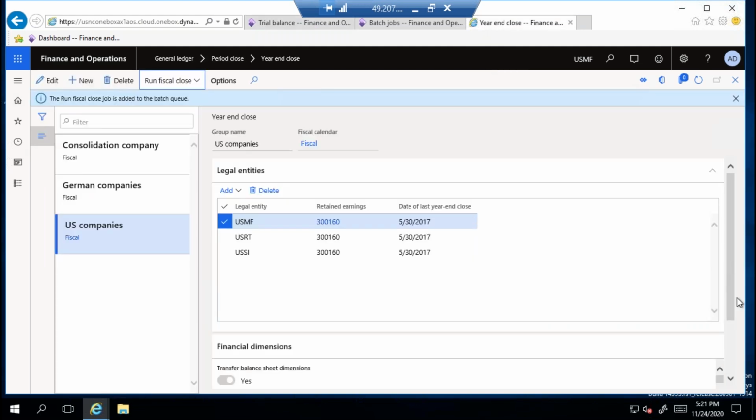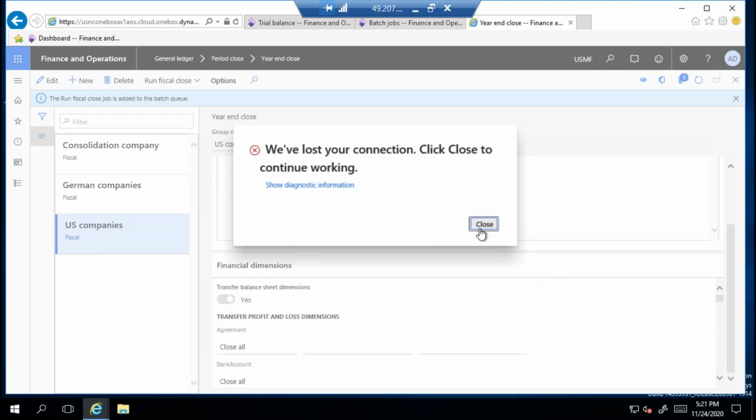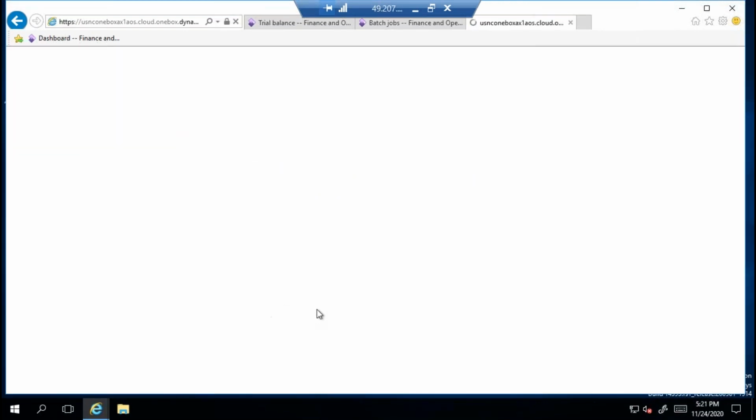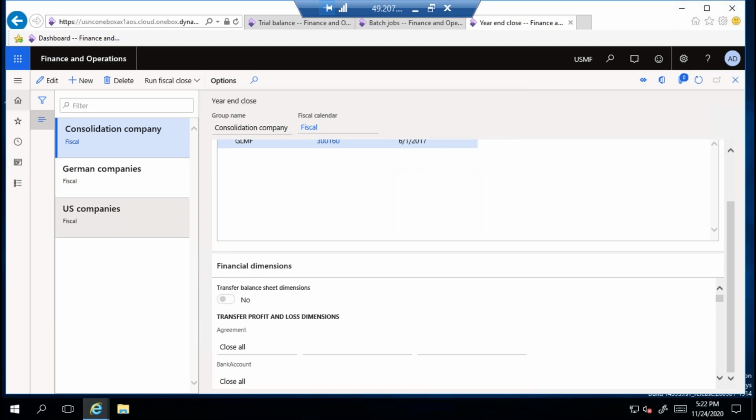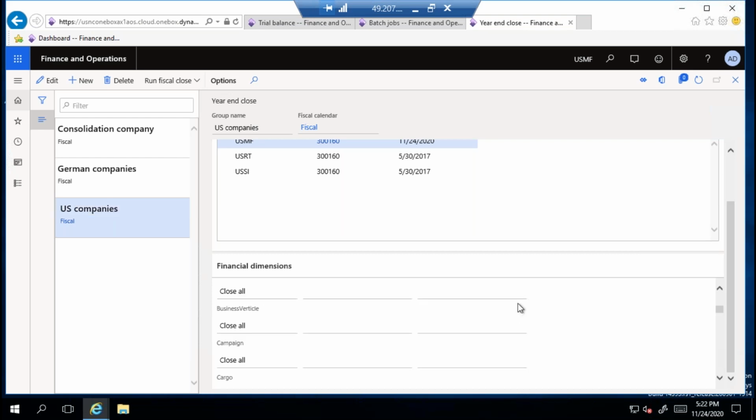And one more thing. Whenever you are executing here, the best practice is to consider balance dimensions, whatever dimensions are there.